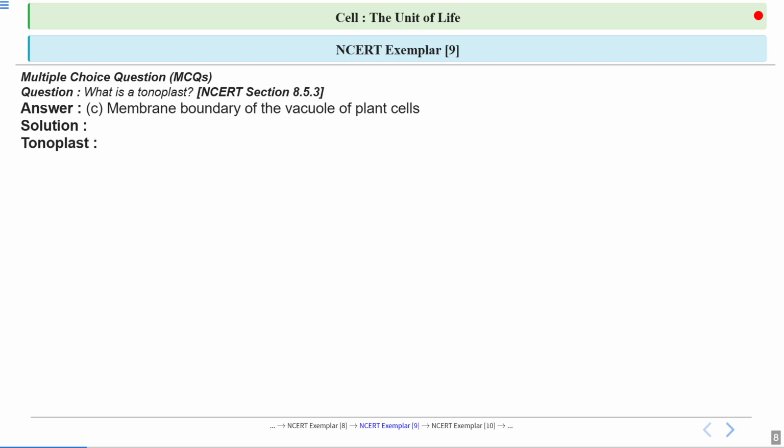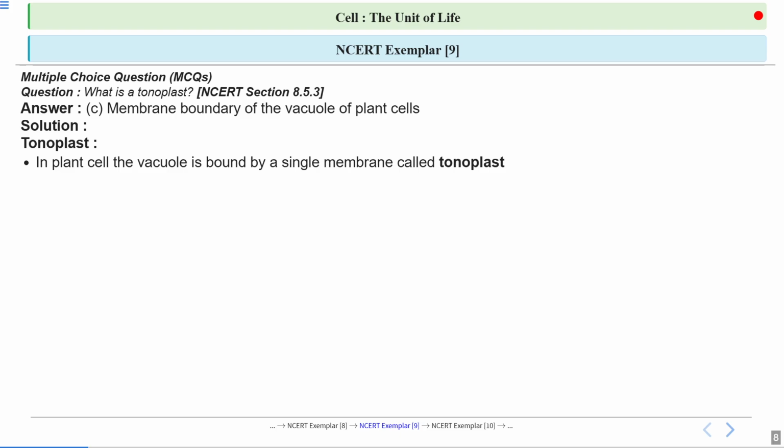So what is tonoplast here? Let us see that. In plant cell, the vacuole is bound by a single membrane called tonoplast, right? They are having a single membrane. But in the cell, you can see there are many organelles that have double membrane.